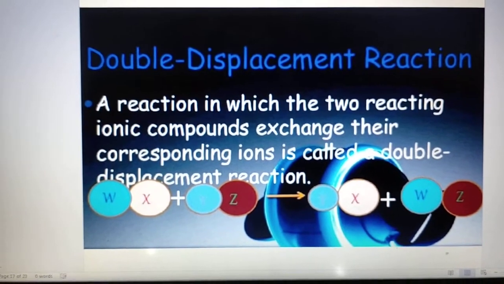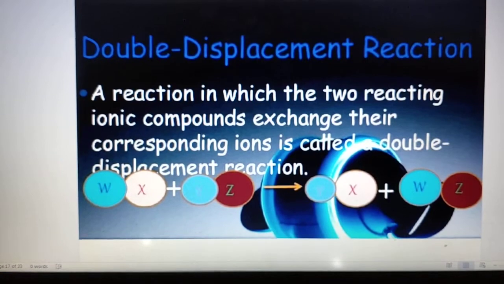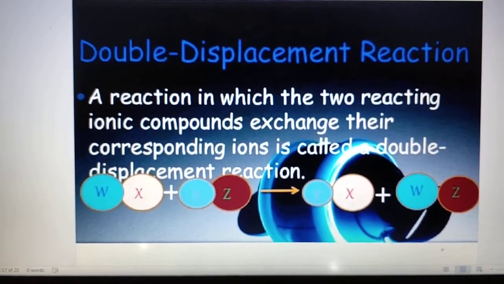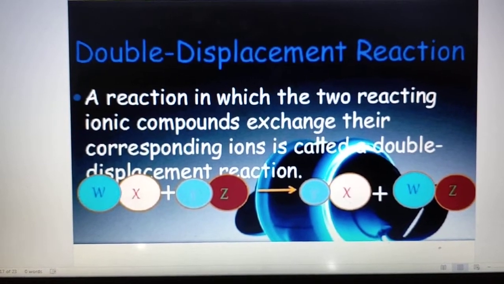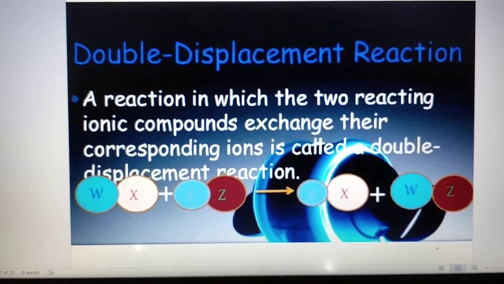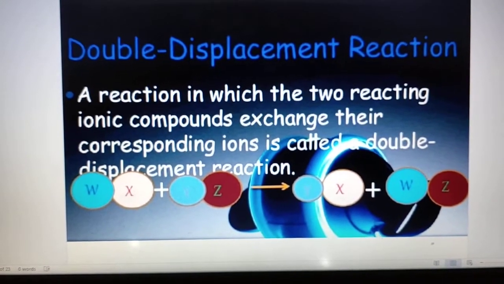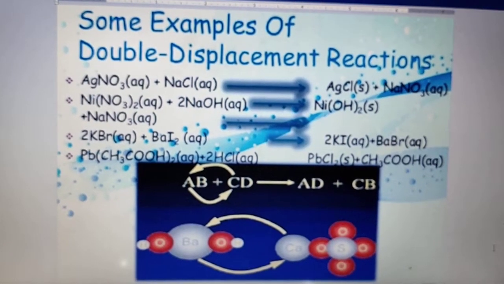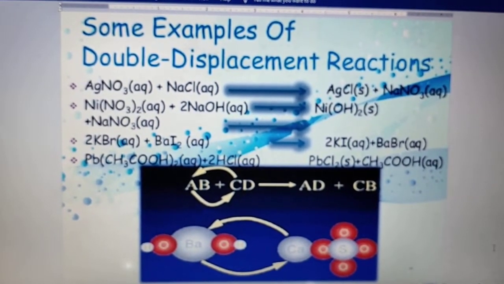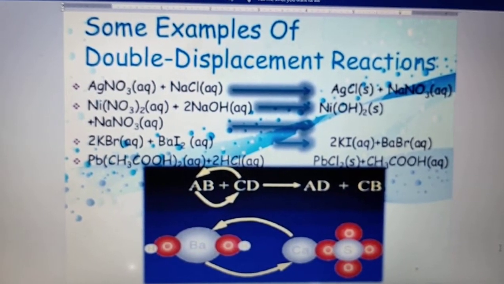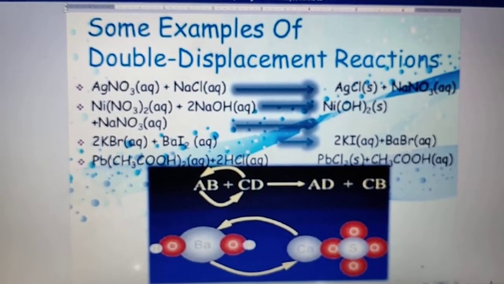Here W and Y are cations, which means they have positive ions, and X and Z are anions, which means they have negative ions. Here is an example of double displacement reaction: silver nitrate plus sodium chloride becomes silver chloride plus sodium nitrate.